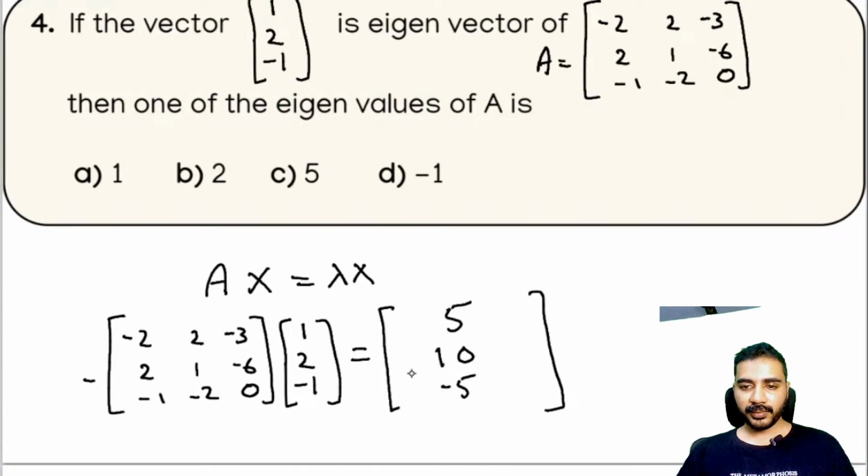When we take 5 common, this 5 becomes 1, this 10 becomes 2, and this minus 5 becomes minus 1.